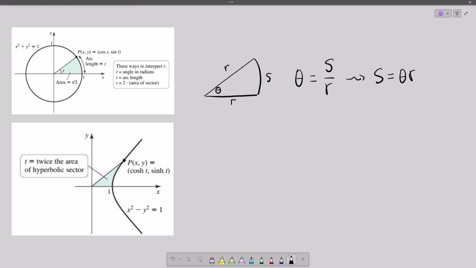I always have this little thing in my mind: do you understand that the angle measured in radians is unitless? If you understand this formula, it becomes crystal clear. S is measured in units of length. R is measured in units of length. So if you form that fraction, the units disappear, and an angle measured in radians is just a number.